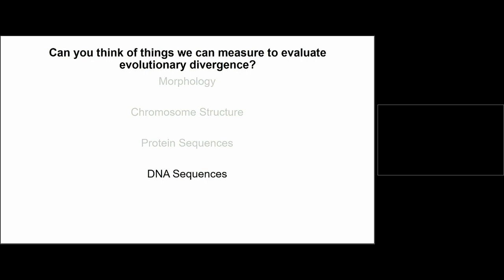So we're going to compare the DNA of humans and primates, or humans and dogs, or cats and chickens, to see how many changes there are if we compare those two and make a prediction as to when they had a common ancestor. For things that we don't have DNA sequence for, we still have to use things like morphology, potentially chromosome structure, and things to make those predictions.